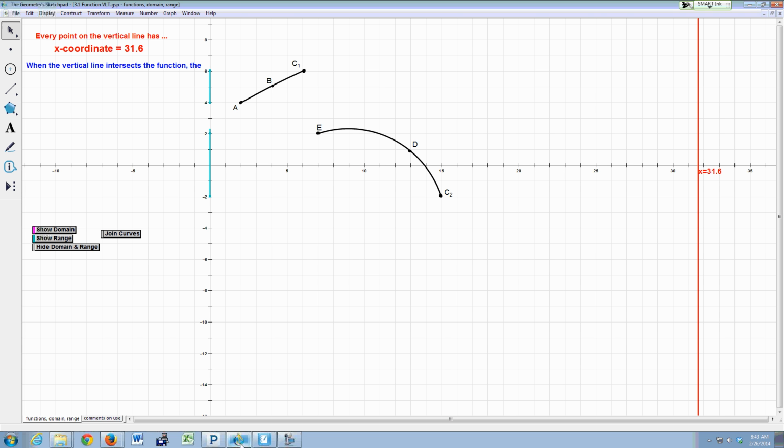So a nice visual to see the domain. If I asked you for the domain here, your domain is going to be two different intervals that you're going to put together with a union sign. But visually, let's take a look at the domain. Oh, I think that's so cool. Okay, so there's your domain.